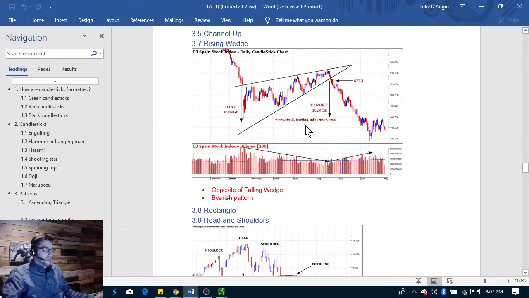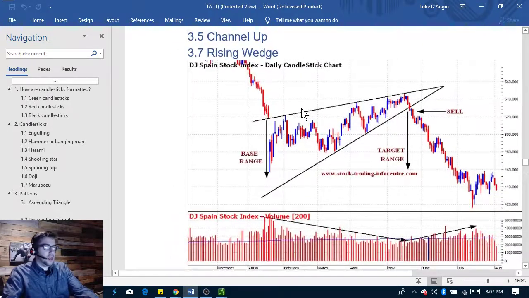For example, if you look at the screen right here, this is a rising wedge breaking out to the downside. Now, you might not have your eye on this, and this might be forming while you're looking at something else. Well, there are scanners and screeners that give you the ability to watch the entire stock market for your favorite formations while looking at something else.